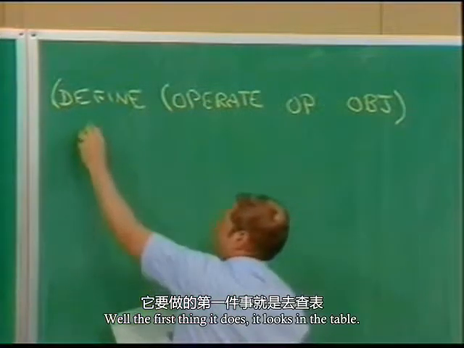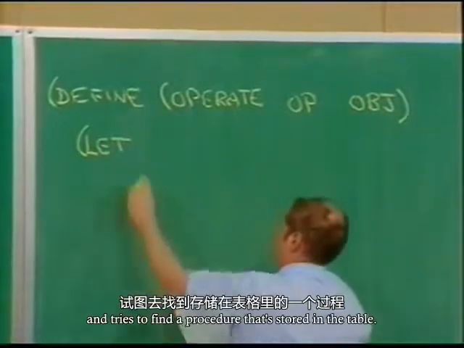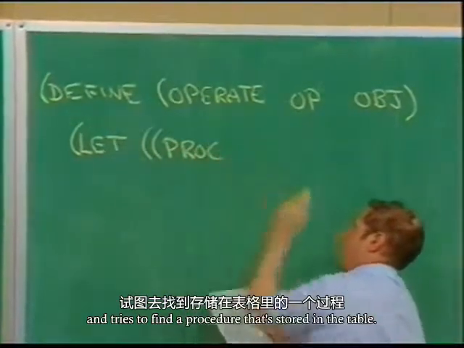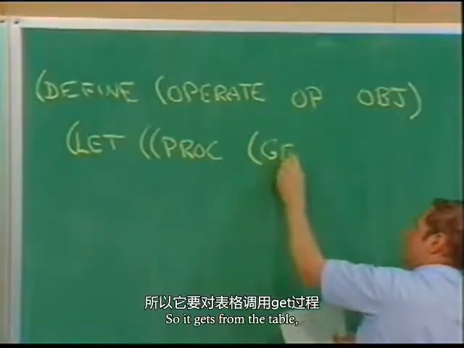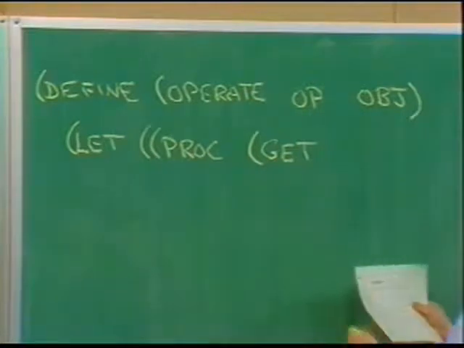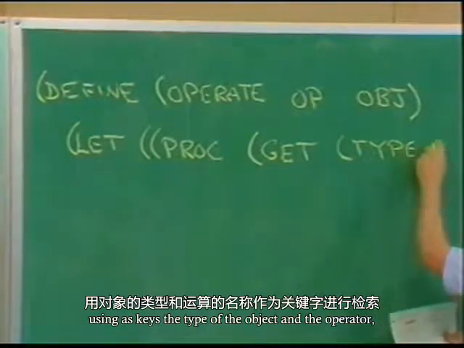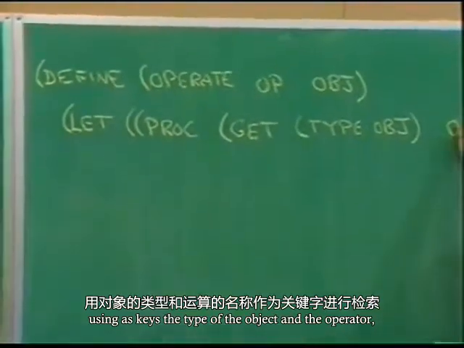What does it do? Well, the first thing it does, it looks in the table. It goes into the table, and tries to find a procedure that's stored in the table, right? So it gets from the table, using as keys the type of the object and the operator.